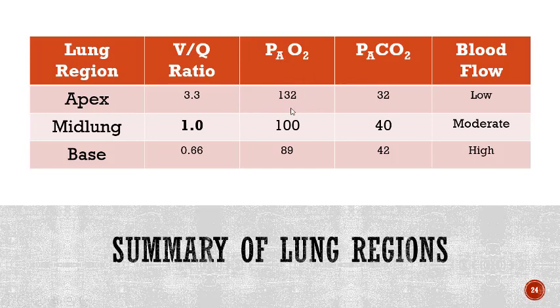So here at the apex, you don't have as much perfusion, you don't have as much blood flow, and the blood flow is going to be what brings that CO2 back to your lungs, right? In the base, you have much, much more perfusion, so it's bringing more of that CO2 into your lungs, so that number is much higher than at the apex.